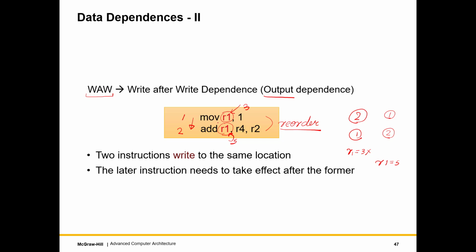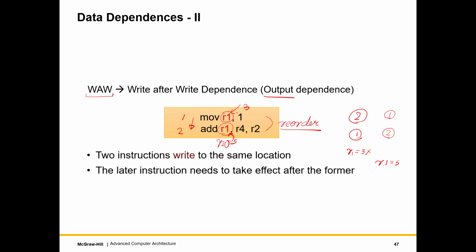Let us look at this closely. What we will actually get to see is that the reason we have such dependencies in assembly code is basically because we have a finite number of registers. If I had an infinite number of registers somehow, then instead of sending the output to R1, I could have sent it to R20, right?